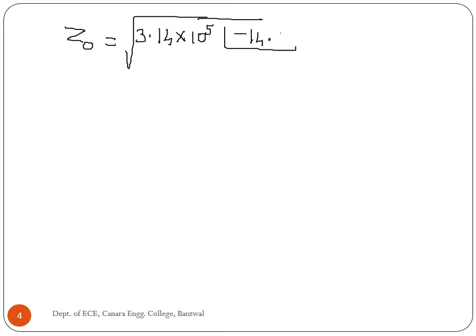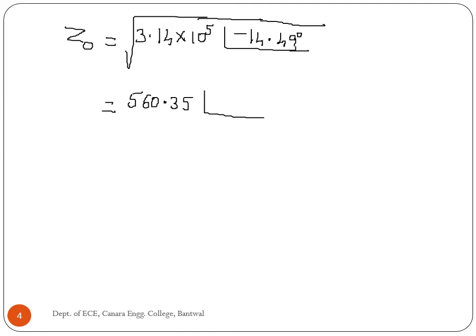After dividing 9.87 by 31.42 into 10 to the power minus 6, we will get 3.14 into 10 to the power 5. And angle 75.33 minus 89.82 is equal to angle minus 14.49 degree. Square root of 3.14 into 10 to the power 5 is 560.35.